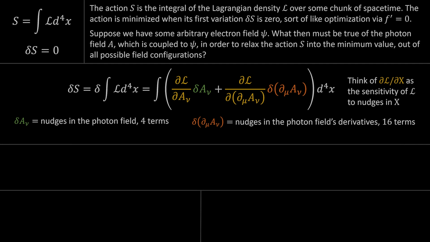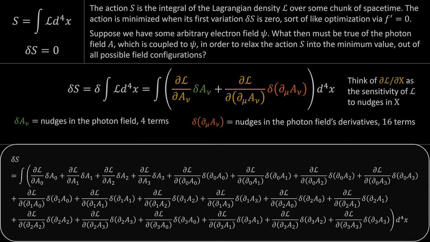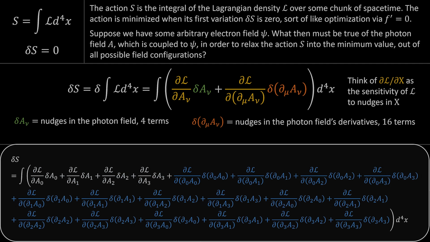Here I should make a point to note that mu as well as nu can each take on a value between 0 and 3: 0, 1, 2, 3. And so in this expression, we actually have 20 terms. I know it looks like 2 terms, but that first term involving nudges in A is actually 4 terms, one for when nu is 0, and then 1, and then 2, and then 3. And the second term involving the derivatives of A is actually 16 terms, one for each of the possibilities of mu and nu being 0, 1, 2, and 3.